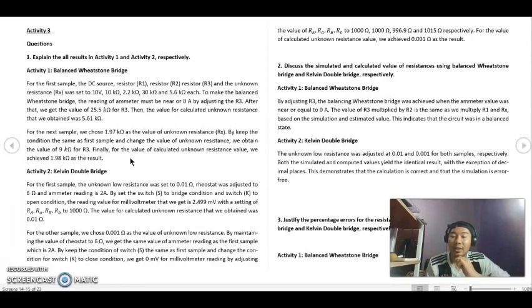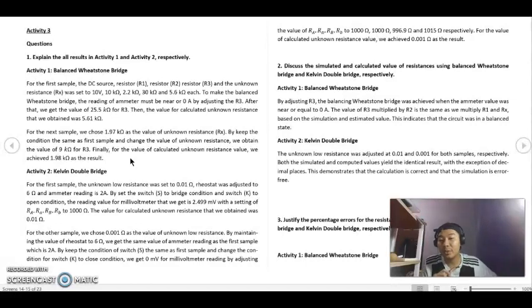the unknown low resistance was set to 0.01 and the step was adjusted to 6, and the ammeter reading is 2 amps. And next, by setting the switch to the bridge condition and switch K to open condition, the reading of the millivoltmeter that we get is 2.499 millivolt, and the calculated unknown resistance that we obtained was 0.01 ohm.